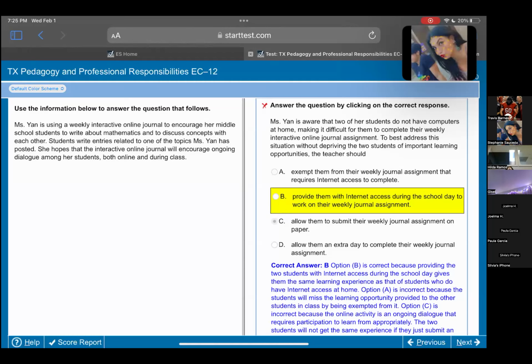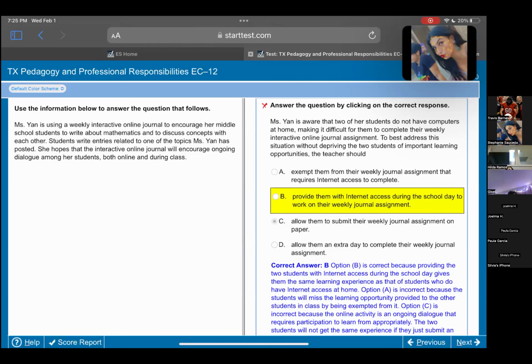But given the second leg to her activity, her goals for the activity are, yes, she wants them to reflect on mathematical concepts, but she also wants them to engage with each other, interact, discussing, dialoguing. She wants this dialogue among the students. That's her goal with this, right? To encourage that.